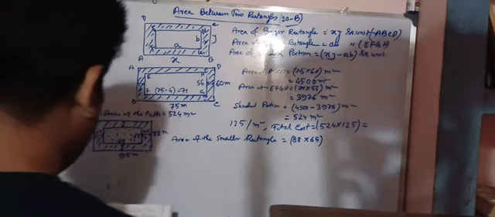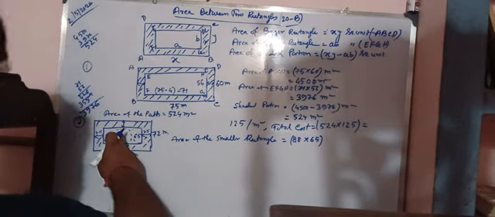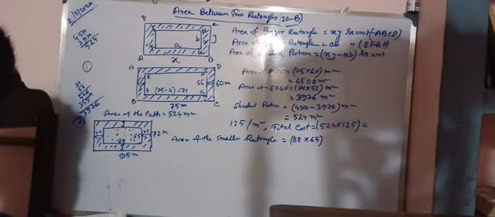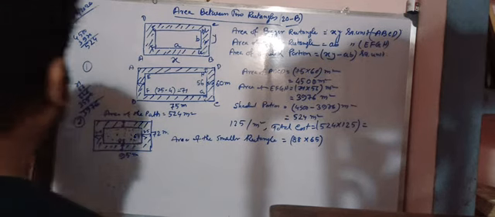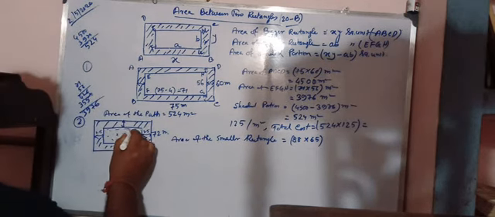Now the cost. We have to find the total expense: rupees per meter square for laying the grass is rupees 40 per meter square. This is my grass portion.